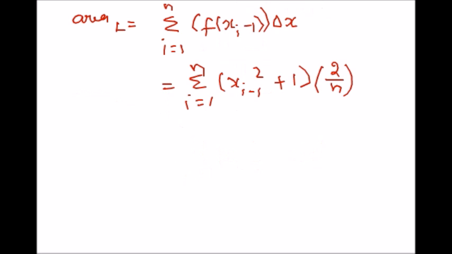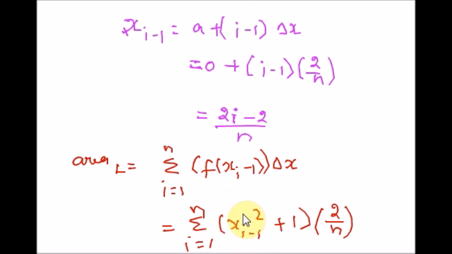Now same as the right Riemann sum, we will be using some summation formulas, and before that you can just distribute this. xi minus 1 is the answer that we got in the previous step. In the place of x suffix i minus 1, we are going to use this.